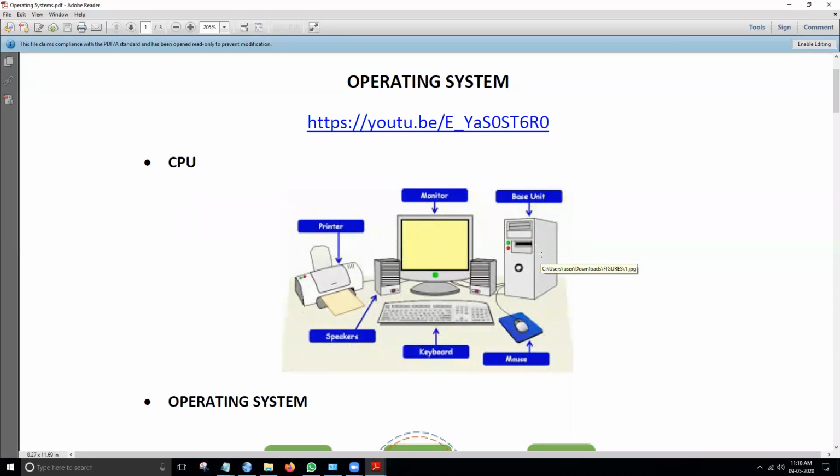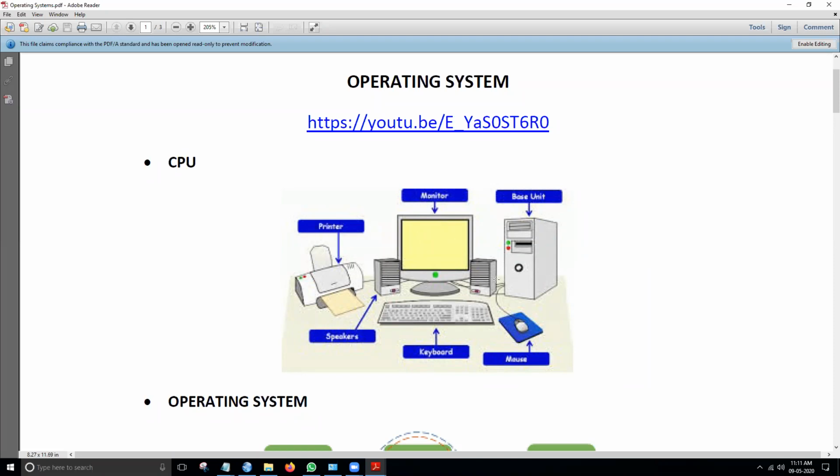We have been talking about computer systems from the school level to the current level, so let's not spend much time on them. Subsequent to the discussion, we'll use these two terms. Here I have put mouse, keyboard, speaker, printer, monitor, and this is a CPU.